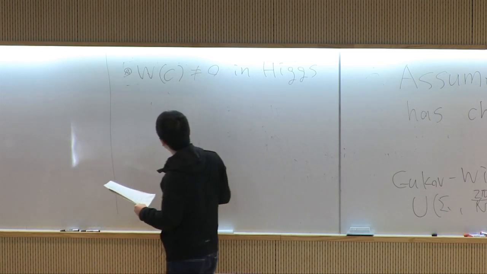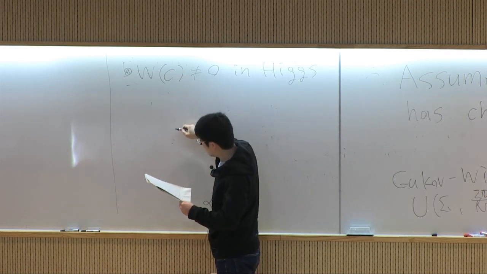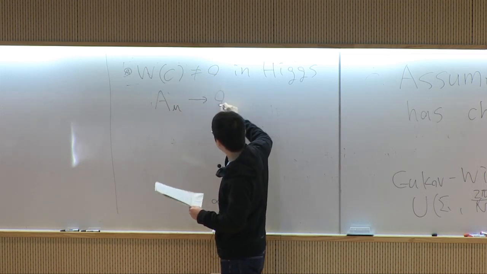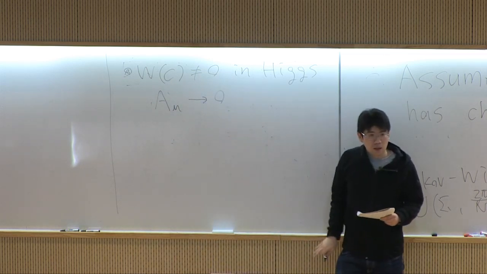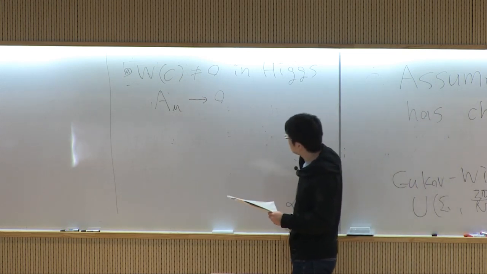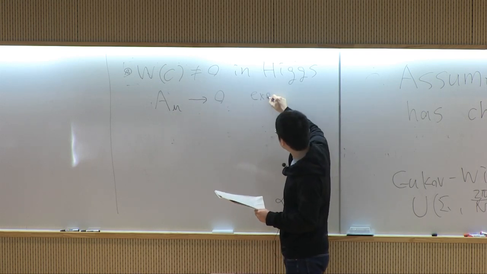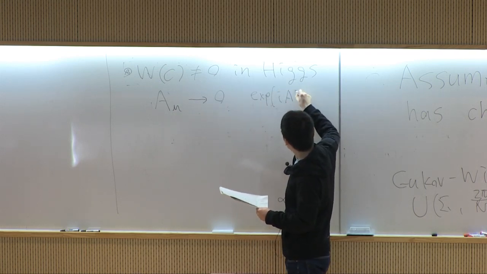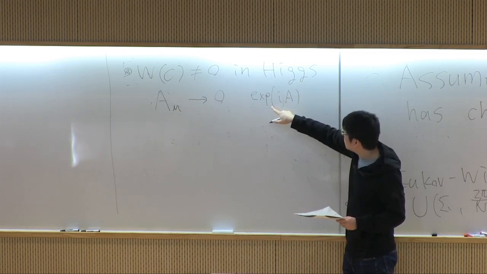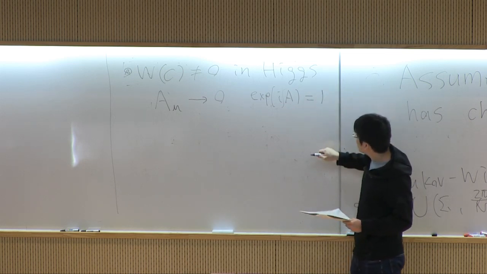So in the ground state, in the Higgs phase, we can just set the gauge field to be 0 up to gauge transformation. And if the gauge field is 0, then at the classical level, this exponential of the integral of the gauge field is just equal to 1.